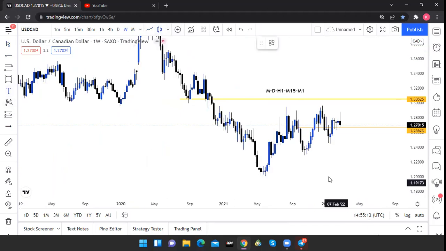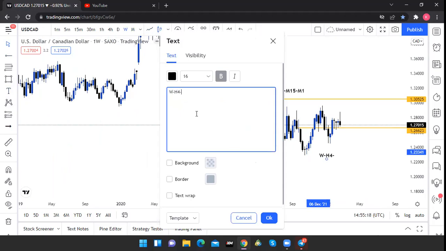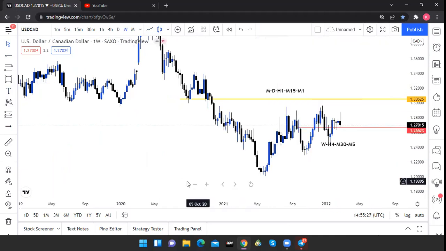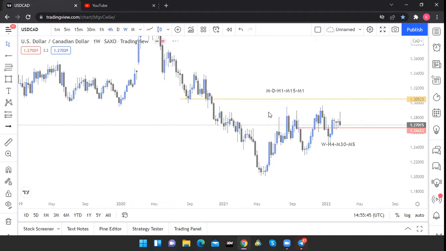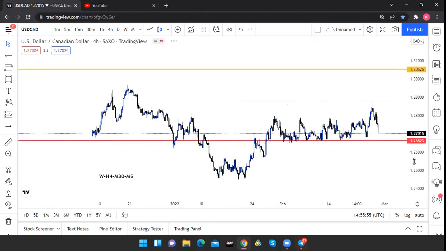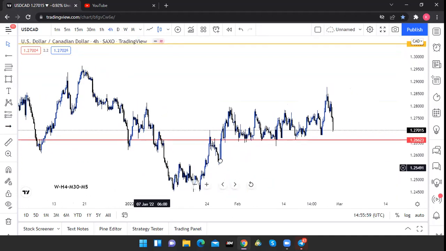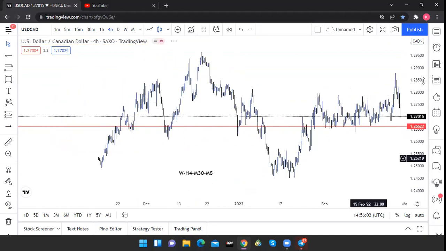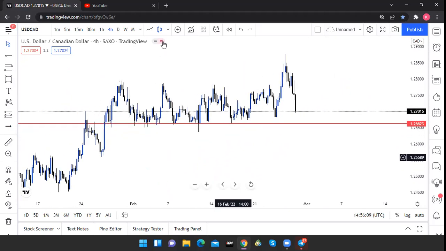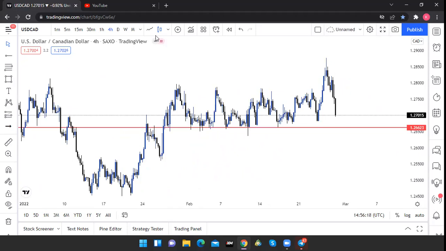So here, then lepas tu I focus on dia punya buy bias juga sebab price belum reach for monthly punya sell level. Okay. Then kat H4.